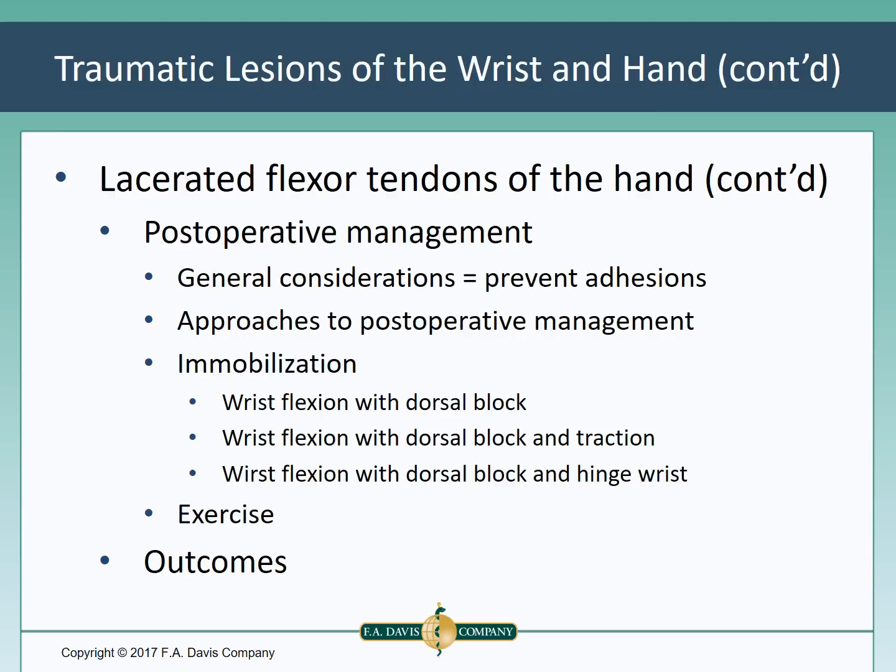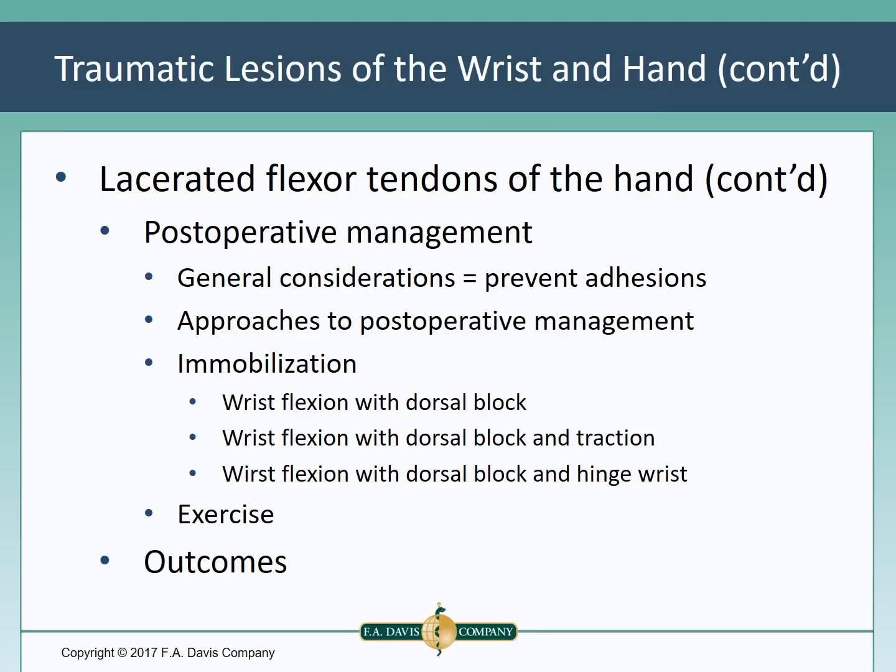That could be children under 5, who don't understand that they shouldn't be doing things, so they will usually be immobilized for longer. They may have diminished cognitive ability or capacity and be unable to adhere to the program. Maybe people are unmotivated, maybe they're super aggressive, or maybe they have other injuries. That may be a reason we choose not to let this person move in the earlier phase.